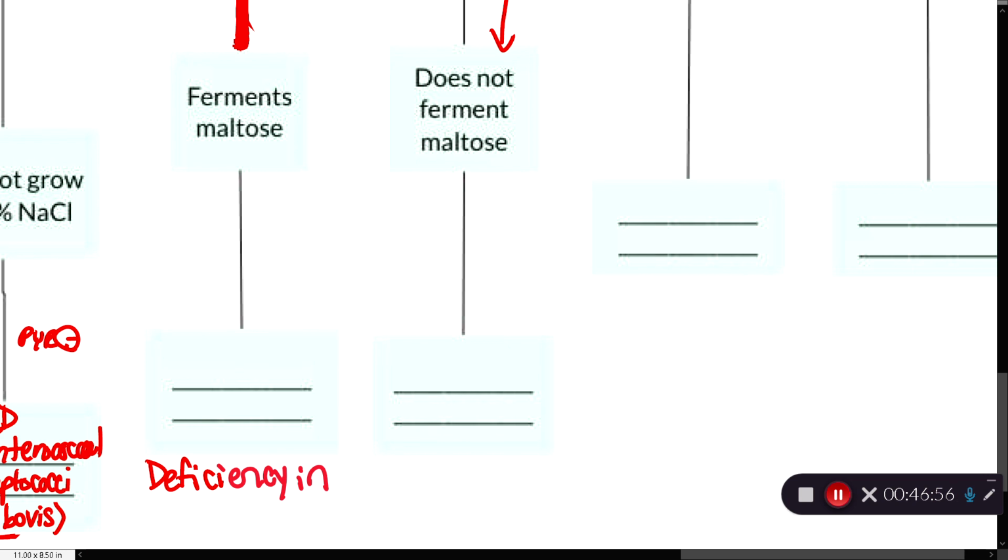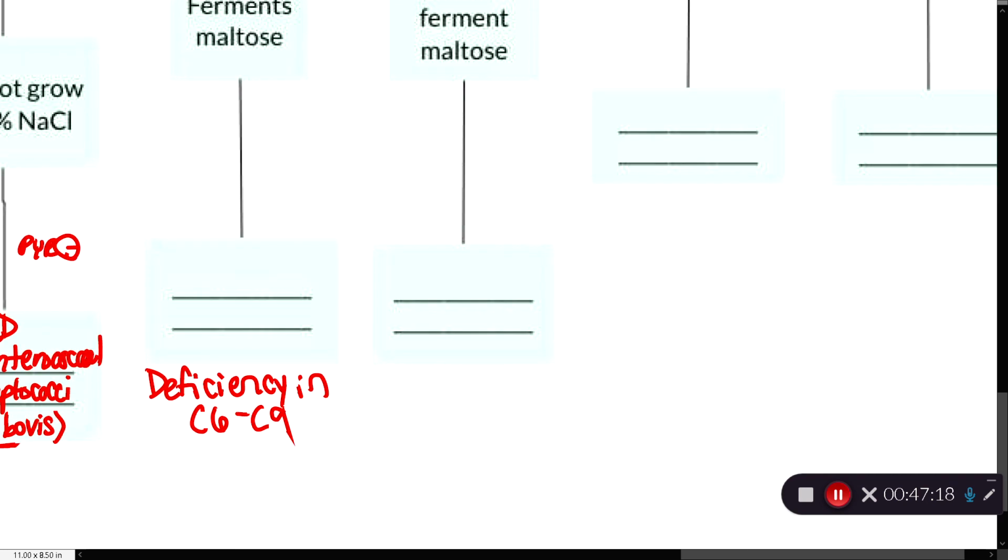Our late complement proteins include proteins like C6 through C9, and a deficiency in this will open you up to this specific infection by this specific agent and repeated infections of this.